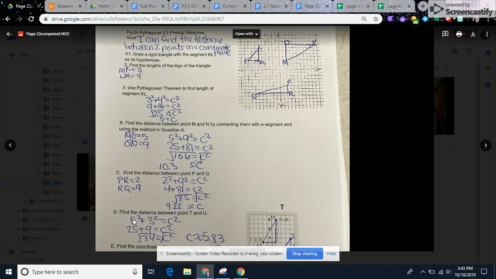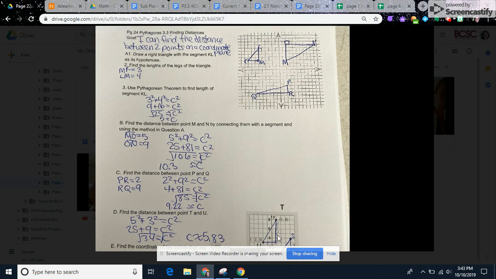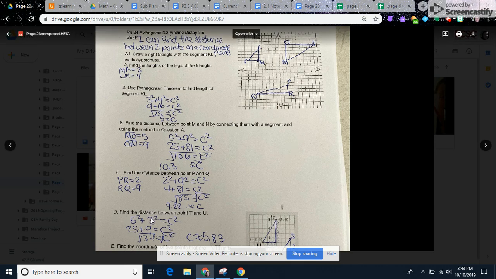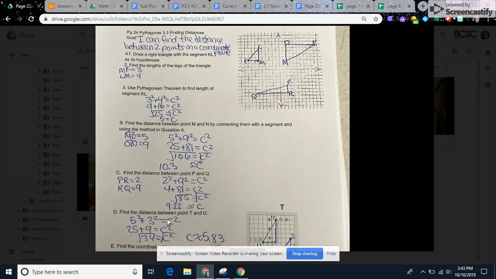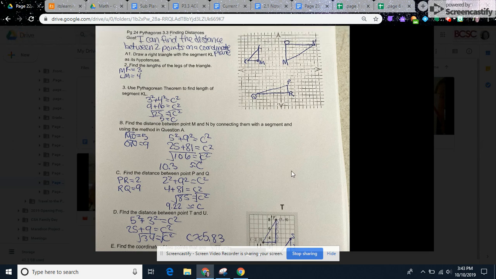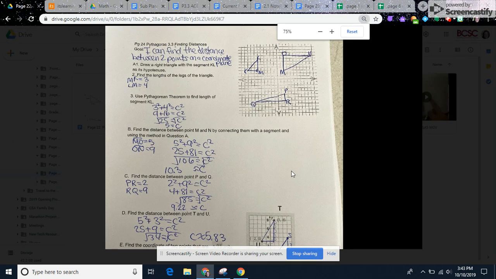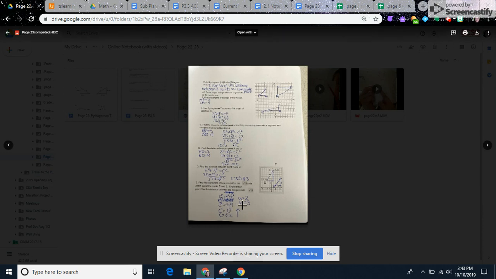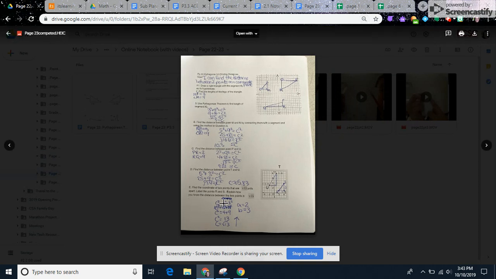So the length of T to, I can't see what mine thinks that's down here, is 5. And then over here to U is 1, 2, 3. So that distance is 3. So you can plug that into the Pythagorean Theorem, and you can find that the length TU is 5.83. And then when you look at the last one, it's a little different.